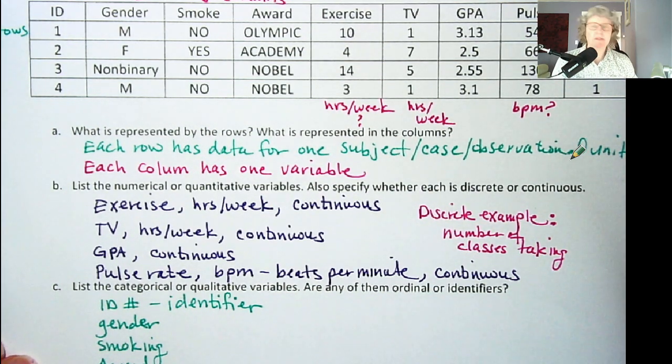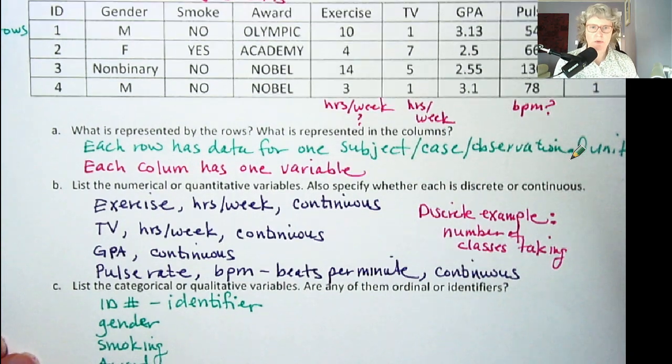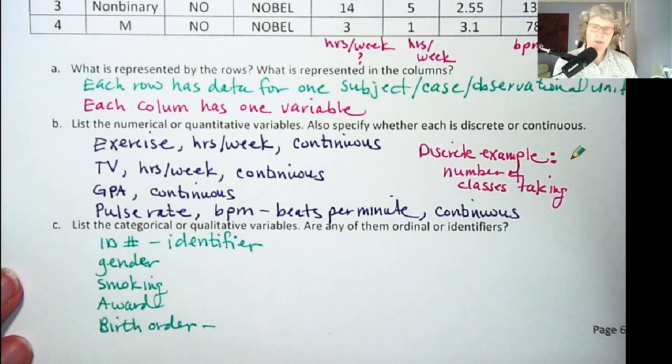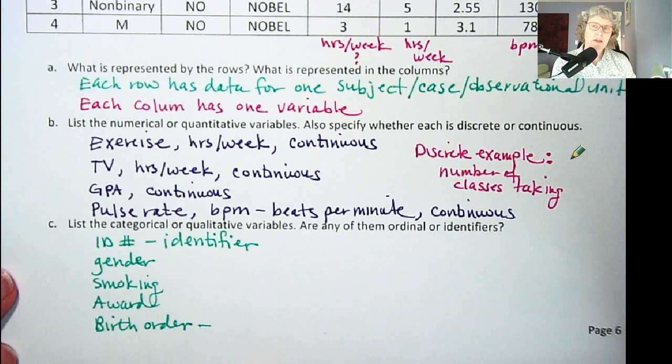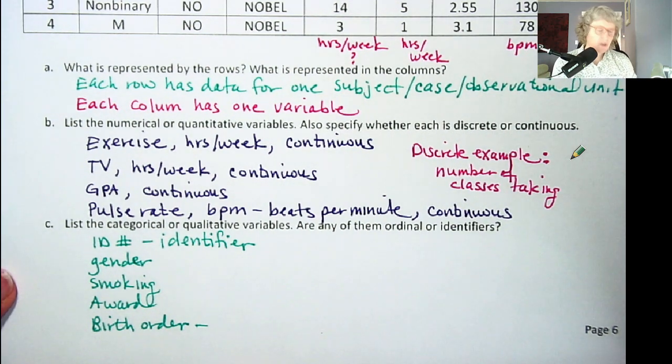Sometimes it depends on what you're going to do with the data and how you define it. If you're going to average something, if you're going to calculate a statistic, then I would say that is numerical. Birth order is thinking of someone being born first in their family, or second or third.